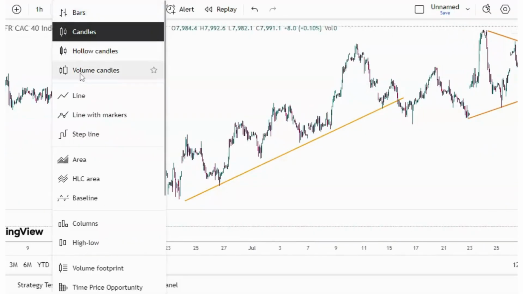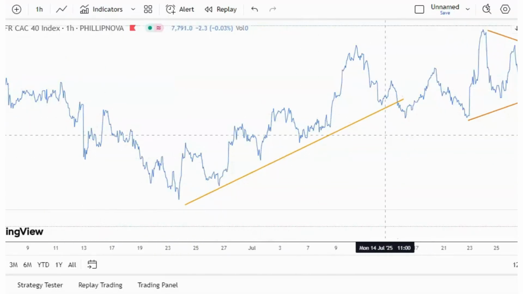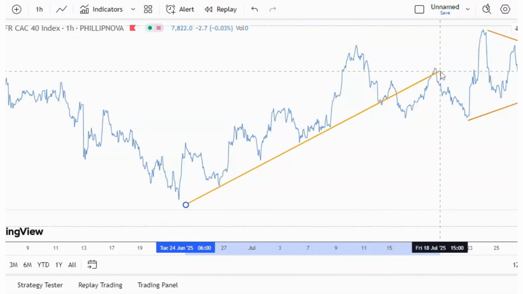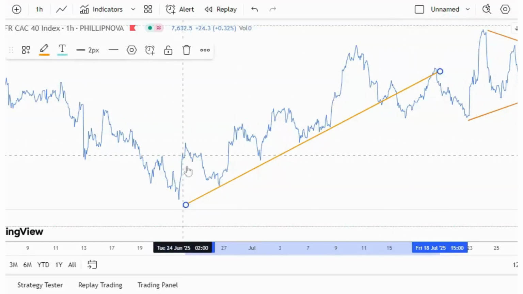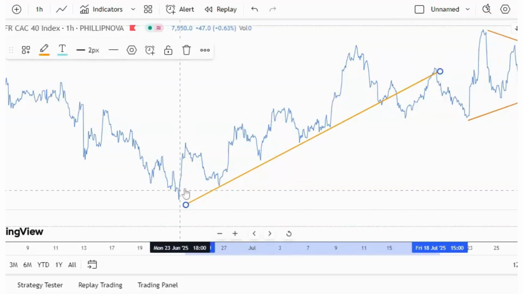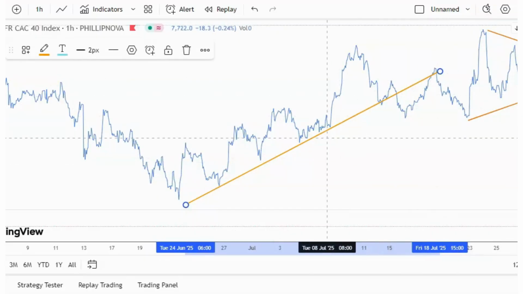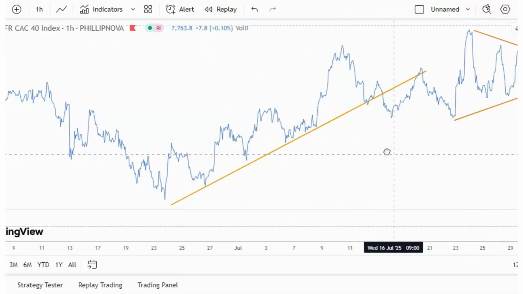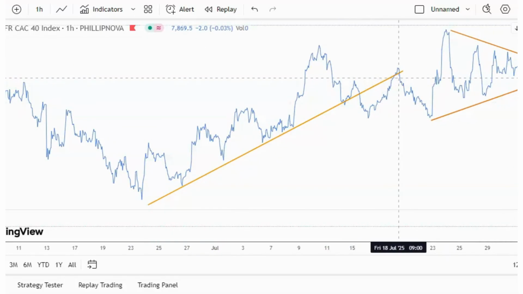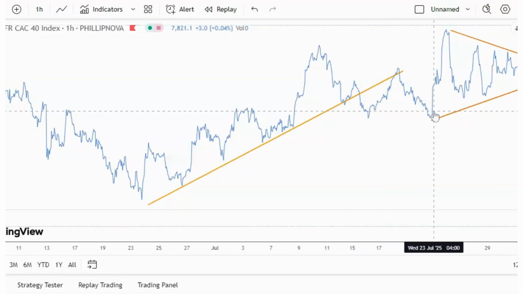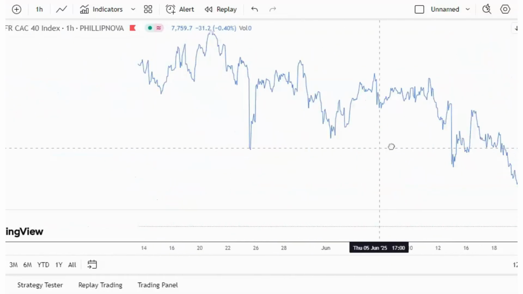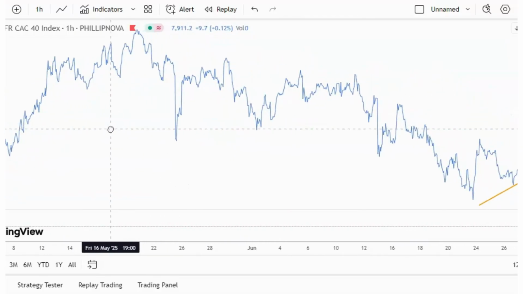You may change this, by the way, to a line chart. Okay, this wasn't a very fruitful or helpful trend line, or at least the one who sold here might have stopped the trade here with a small profit. What else do we have?